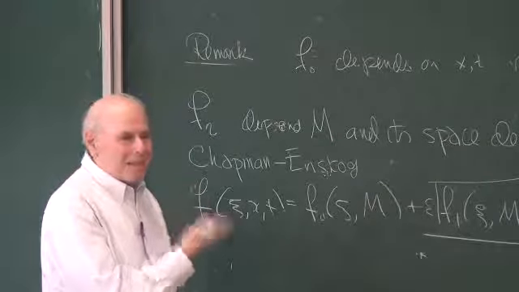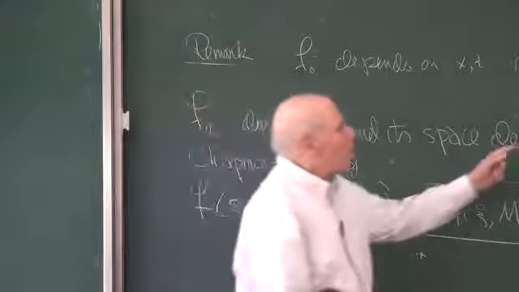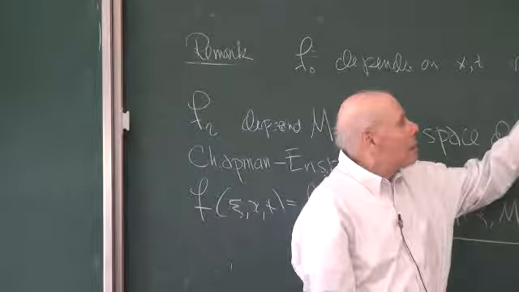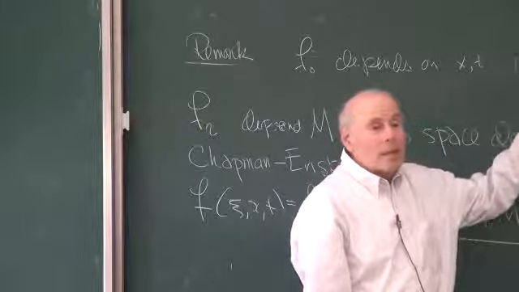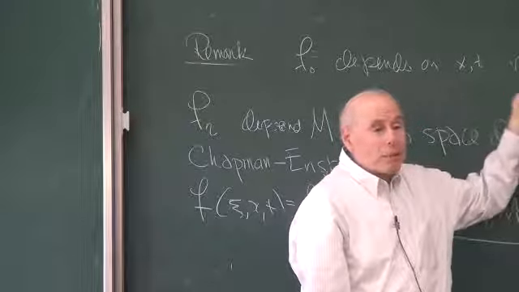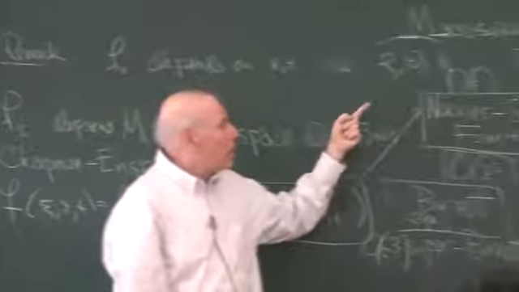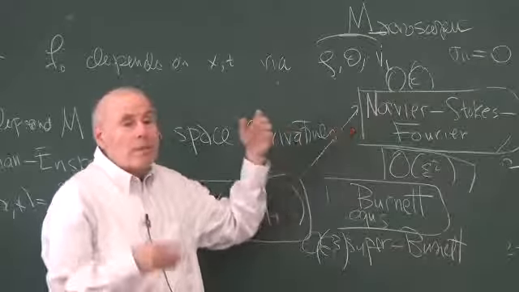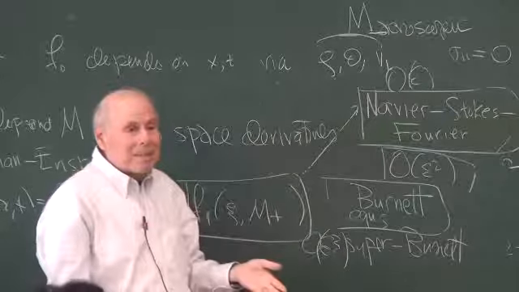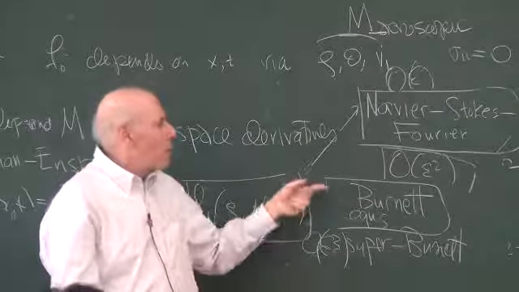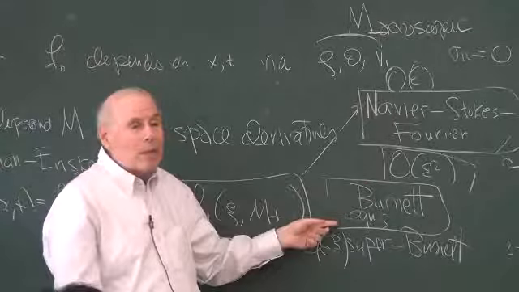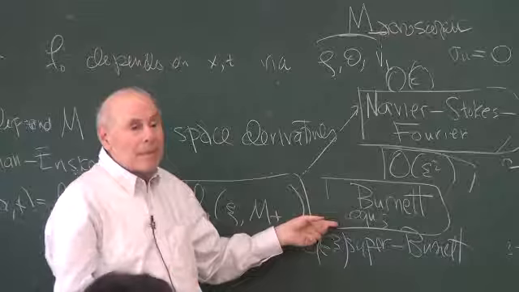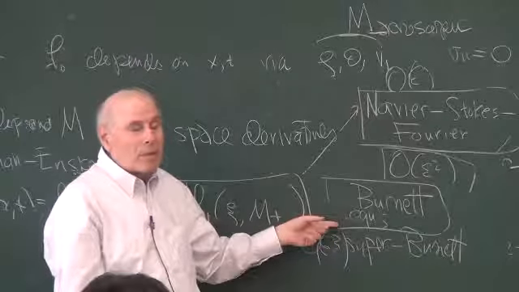So let's be logical. What if you believed Hilbert, that at order 1 we got Euler. That was good. At order epsilon we got Navier-Stokes Fourier. That was even better. So we would think that at order epsilon squared, Burnett should be even better than Navier-Stokes Fourier.